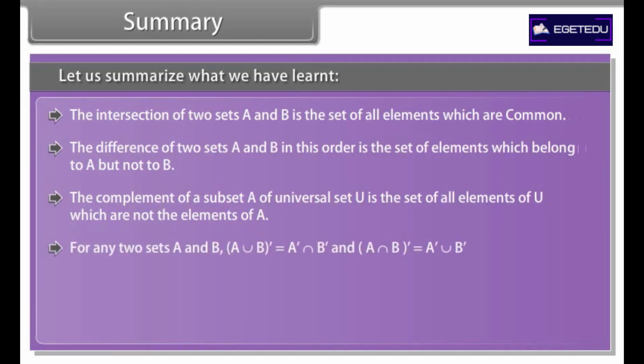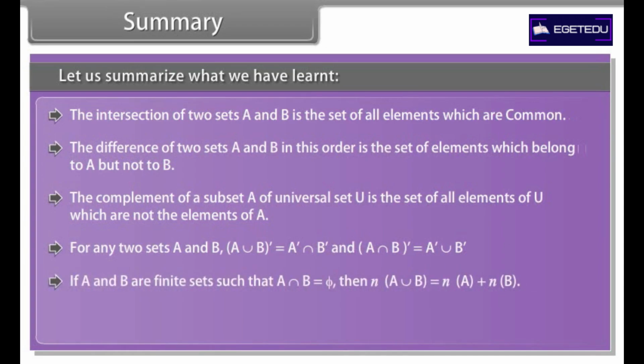For any two sets A and B, complement of (A union B) is equal to complement of A intersection complement of B, and complement of (A intersection B) is equal to complement of A union complement of B. If A and B are finite sets such that A intersection B equals phi, then n(A union B) is equal to n(A) plus n(B).